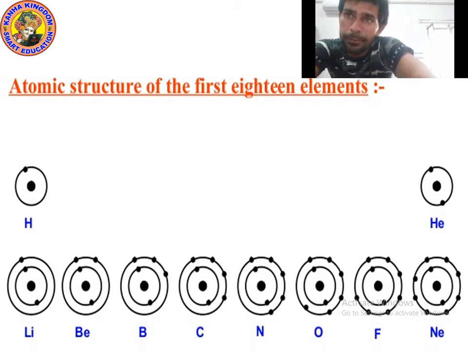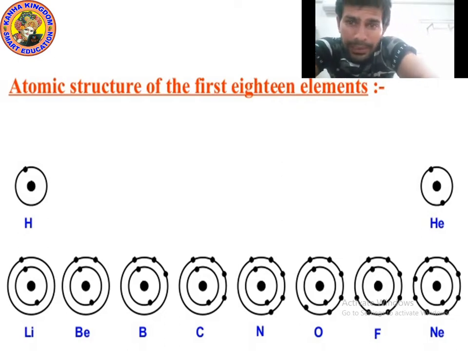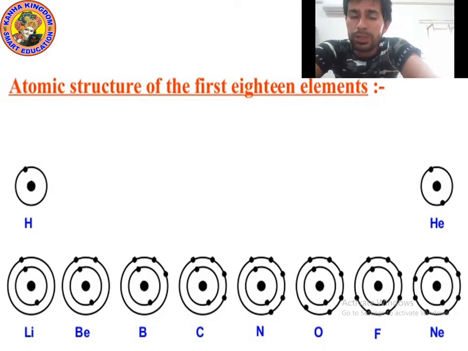Now lithium. Lithium has 3 electrons. In the first circle, we can fill a maximum of 2, so we will draw 2 black dots. Now 3 minus 2 is 1.